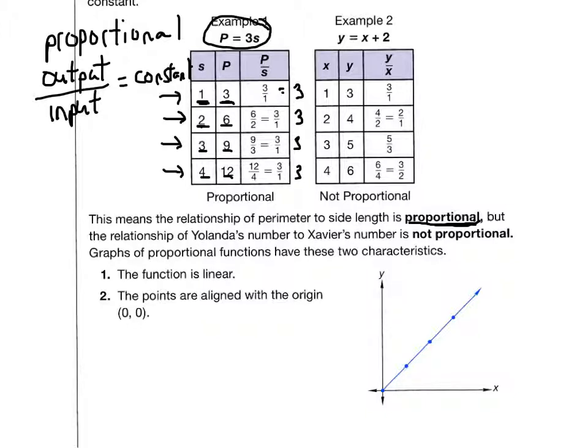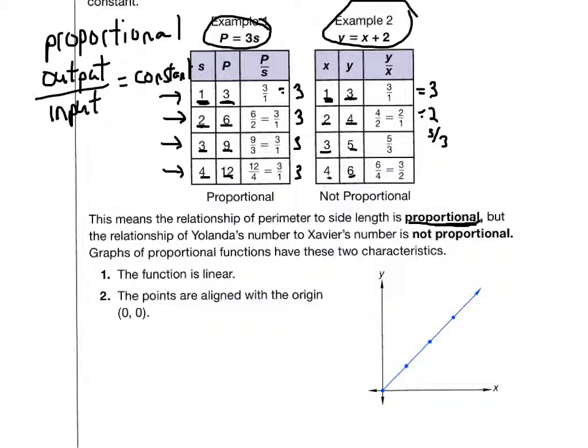But if you look at example 2, even though it is a function, this function is not proportional, because if I take the y and divide it by the x, so the output divided by the input, I get 3 for the first one. But the second one, it's 4 divided by 2, so that gives me 2. 5 divided by 3, well, that gives me 5 over 3, or 1 2/3.